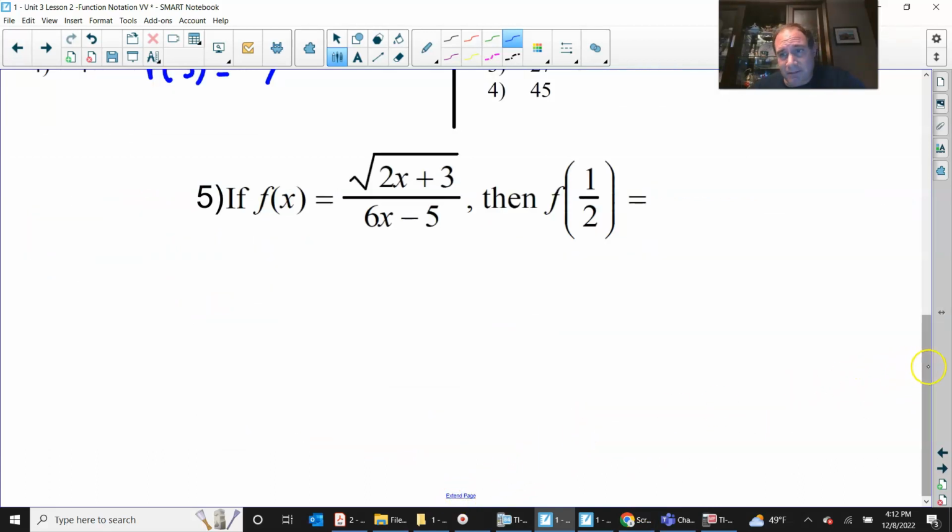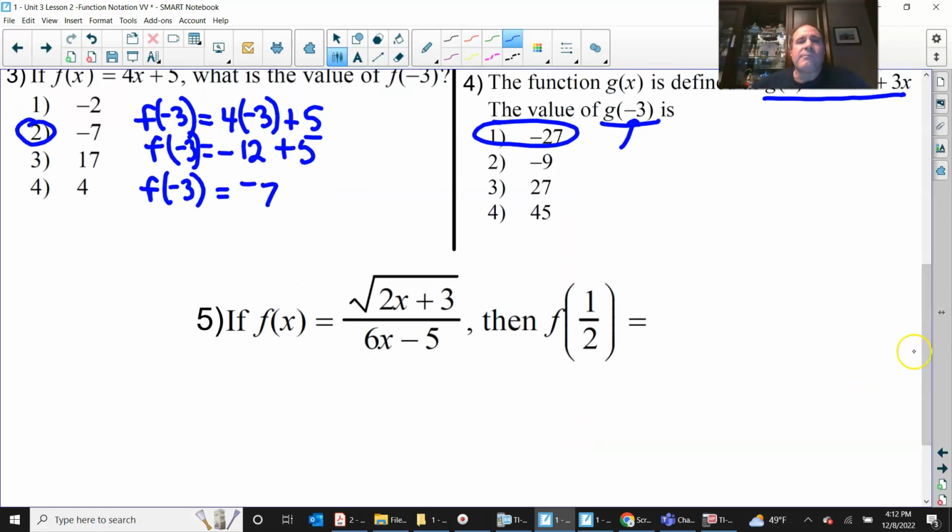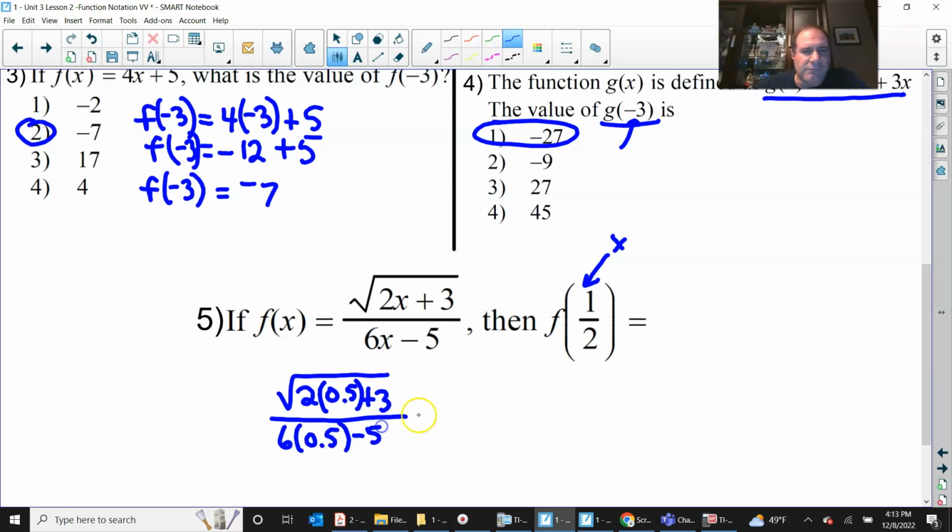All right. So this one might be a little bit difficult, but we're going to do it by hand first. And then I'll show you a little trick with the calculator. So I'm substituting this in as my x. So I'm going to put that as 0.5. It's a half. Plus 3. Then I'm going to put 6 times 0.5, which is a half, minus 5. 2 times a half is half of 2, which is square root of 1 plus 3.